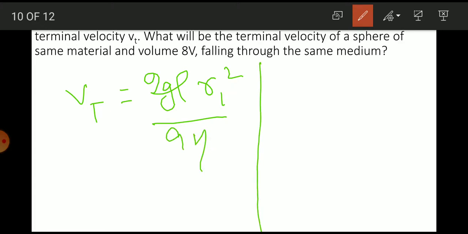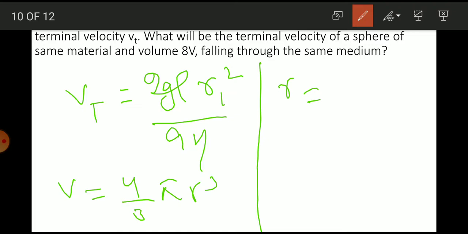This is equation A. Now volume is equal to 4 divided by 3 pi r cube, and from this you will calculate the radius.